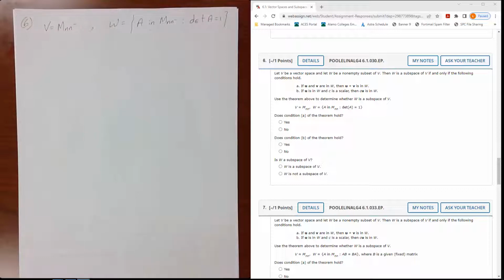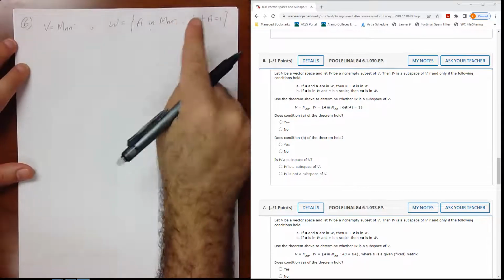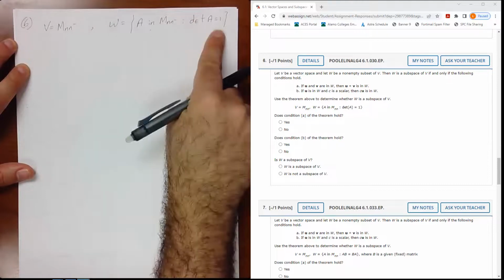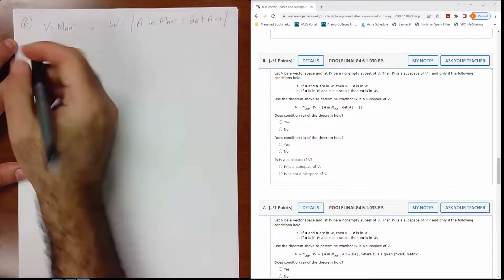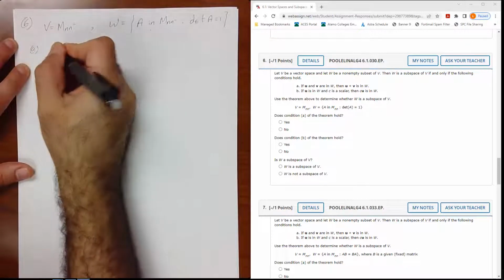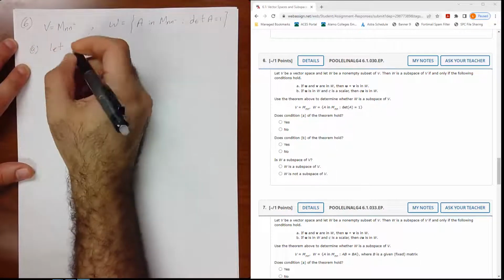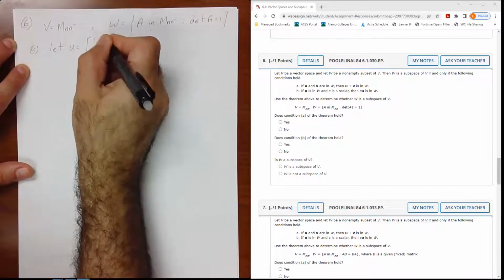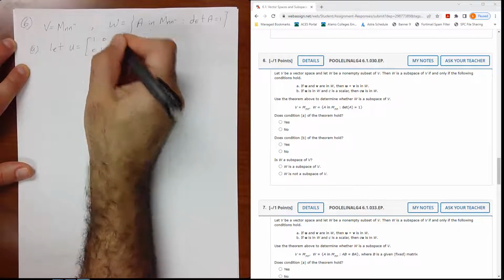So let's work on the first condition. We assume that two matrices are in W, which means the determinant of each of these two matrices equals 1. For the first condition, let U be the matrix 1, 0, 0, 1.